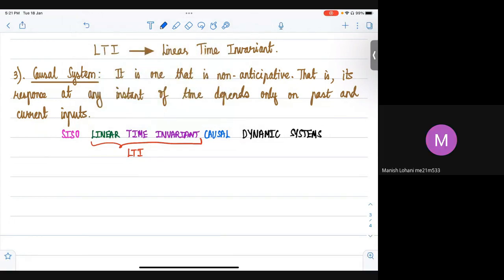Sir, an example of causal systems? So for example, even if you look at the steering system, only when you give a steering input is the orientation heading going to change. The heading of the vehicle at this instant of time is going to depend on the steering inputs given before and at this instant of time.